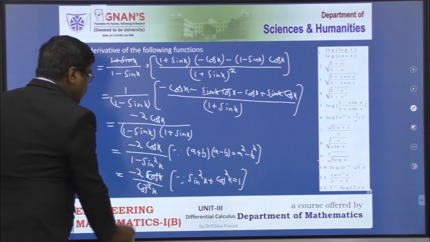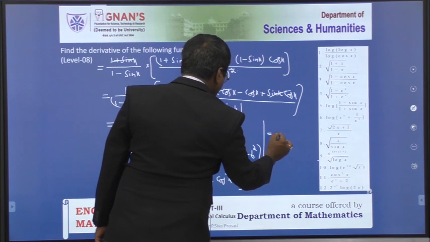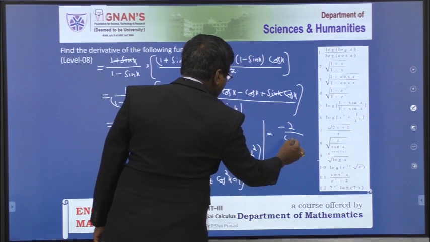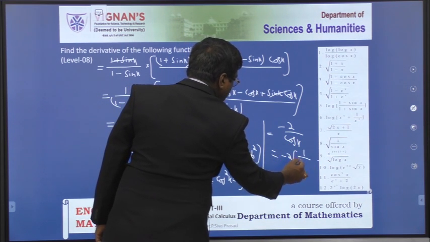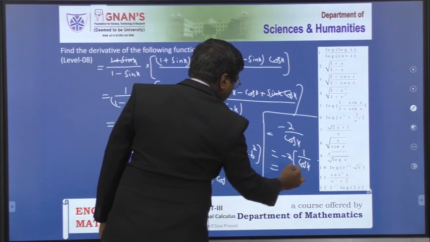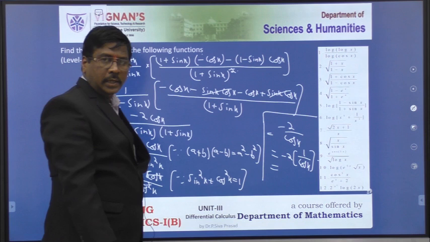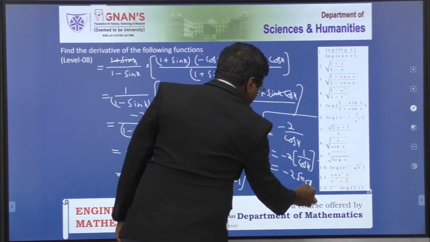Then here cos x is to be cancelled. Then the answer is minus 2 by cos x, that is equal to minus 2 into 1 by cos x. 1 by cos x, how can you write? Secant x. Therefore that is equal to minus 2 secant x.